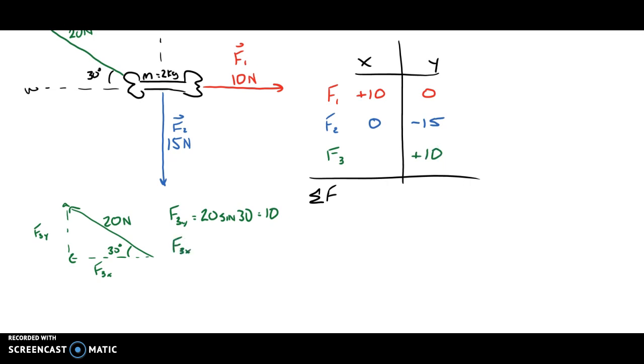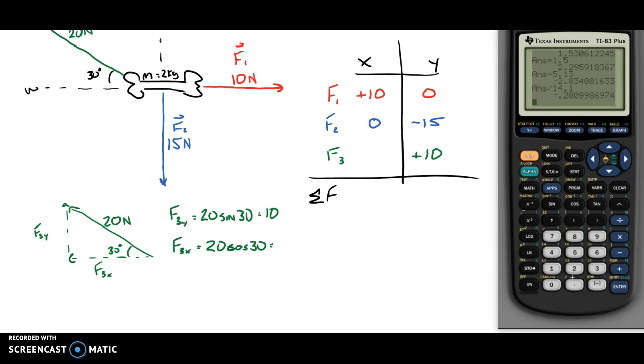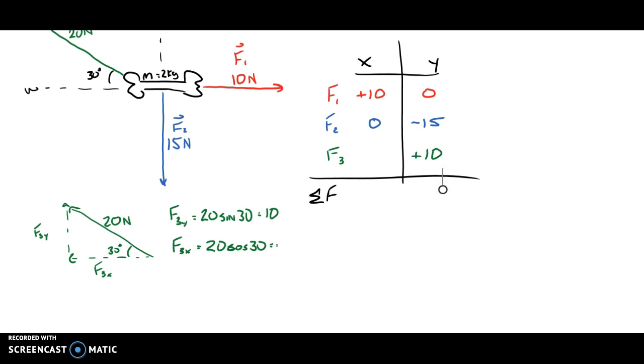F3 in the x is going to be the adjacent side of that triangle, so I get 20 cosine of 30 degrees. Pull out my calculator for that one. 20 cosine 30 gives me 17.32, and it points left, so I'm going to put negative 17.32, and that goes in my table in the x direction.